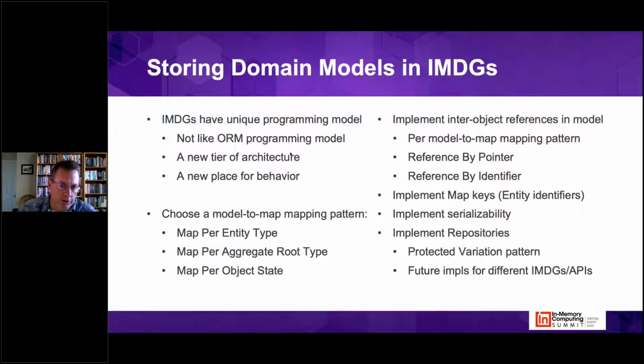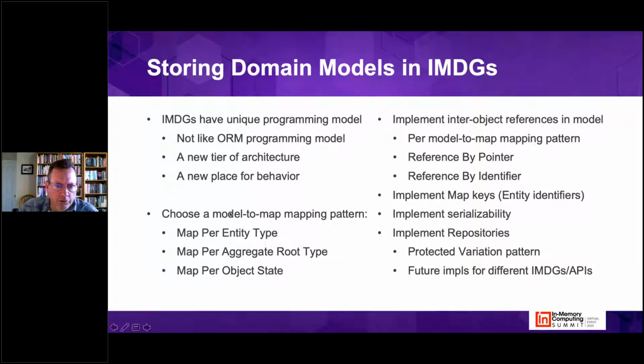Also, in-memory data grids give you a new tier of architecture between app servers or microservice containers and backing databases, and that new tier can run behavior for you. It can run logic with in-place processing. So it's a completely different programming model or architectural model.